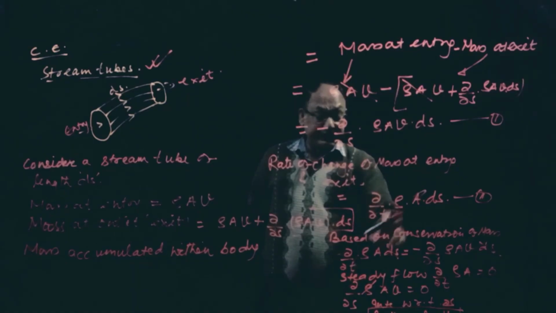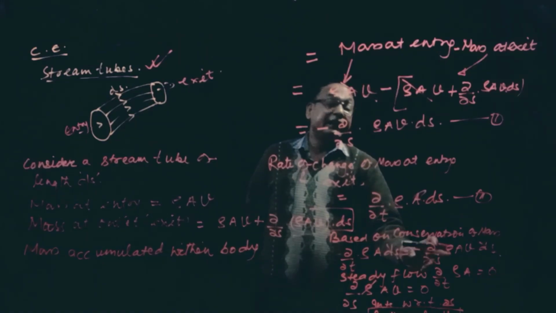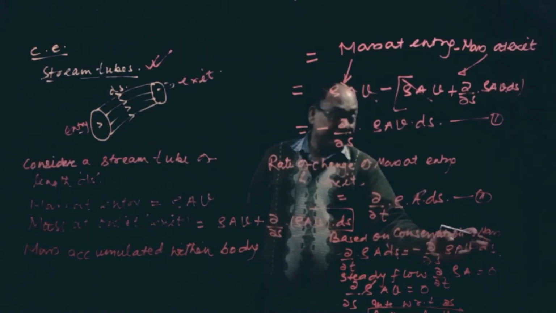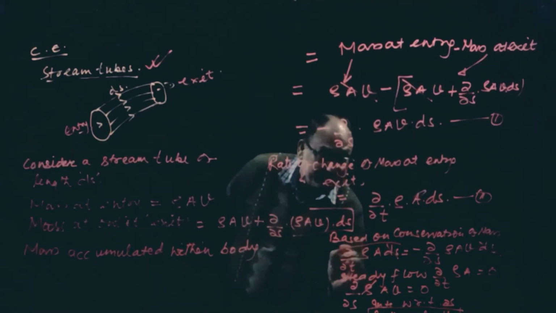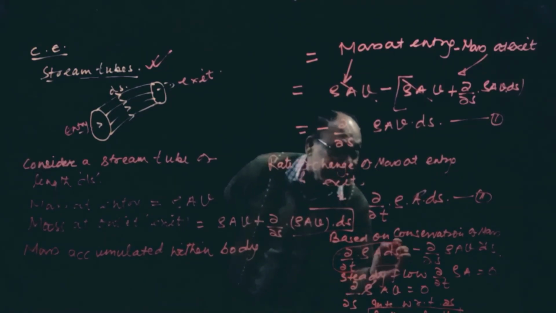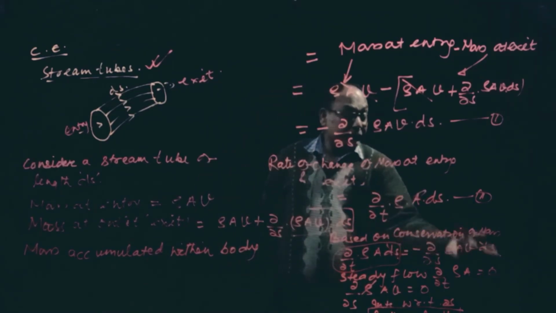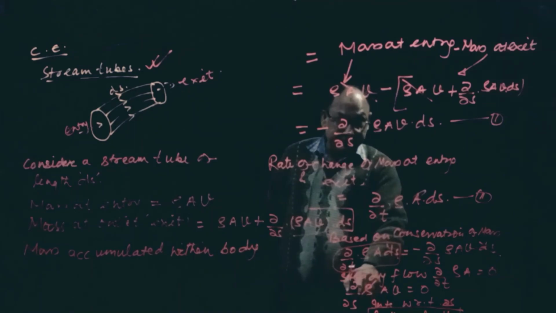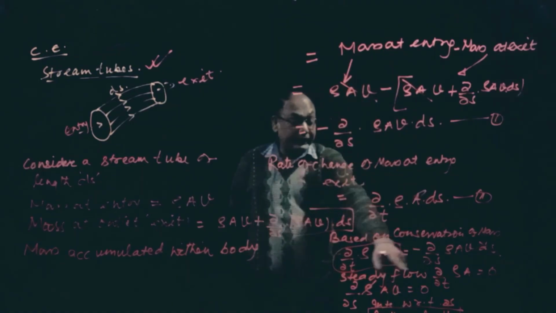So d by dt into rho a into ds will be equal to minus d by ds of rho a b into ds, and ds will get cancelled. For a steady flow, we can consider the time term as 0, so d by ds into rho a b is 0.